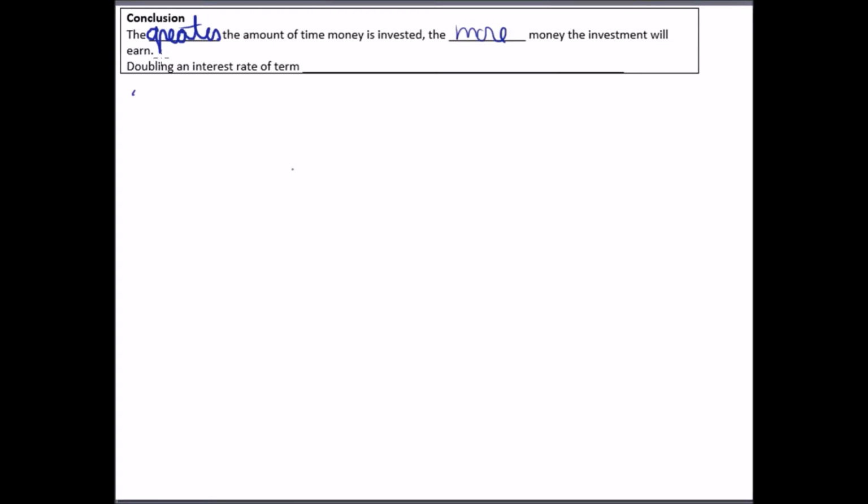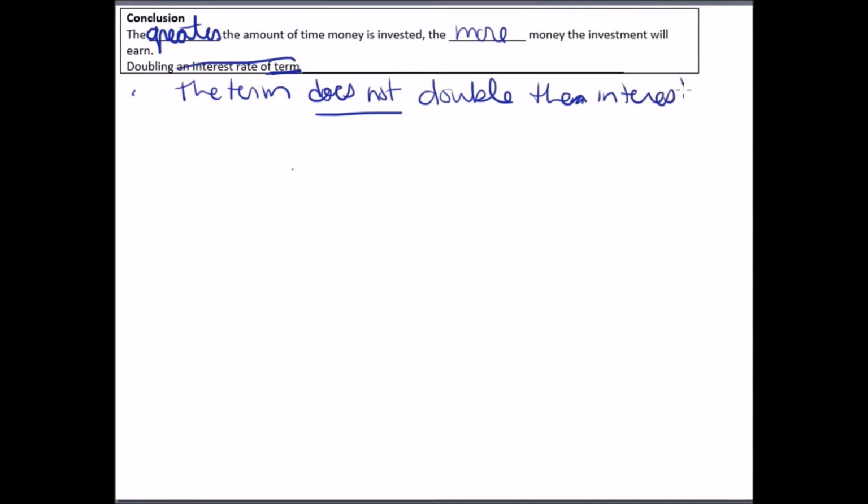But we also know that doubling the term, I don't like how that's worded, doubling the term does not double the interest. Okay, it actually gives you more interest.